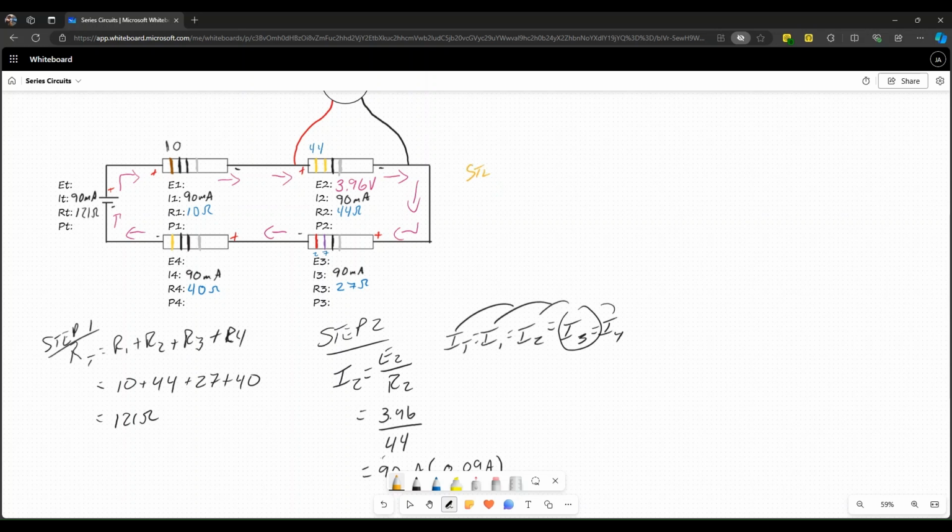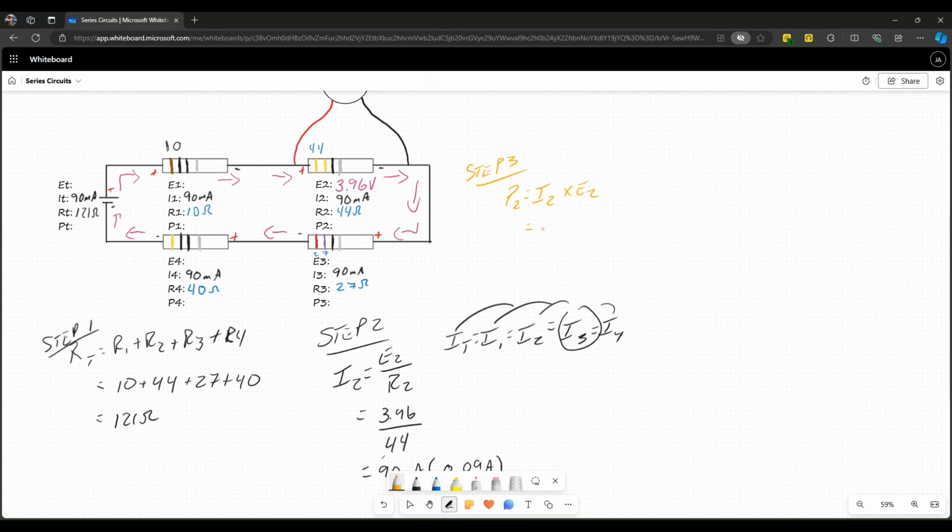So I'm going to go step 3, and I'm going to find power at resistor 2. So power equals the current at that resistor times the voltage at that resistor. Now you may see power equals V times I, or E times I. I like power equals I times E because it spells pi, and I like pi.